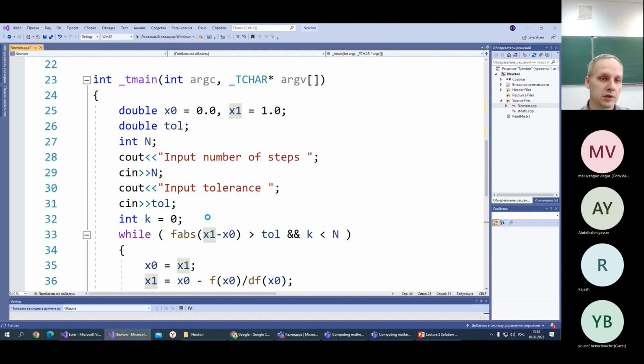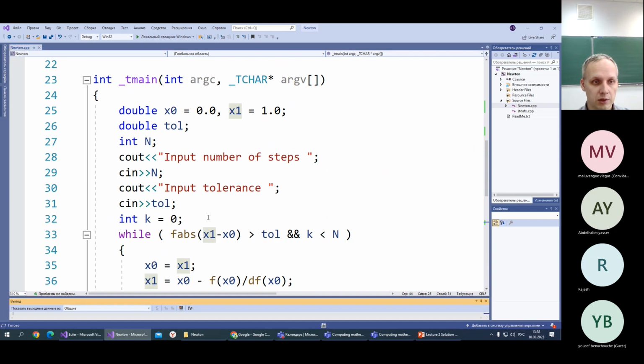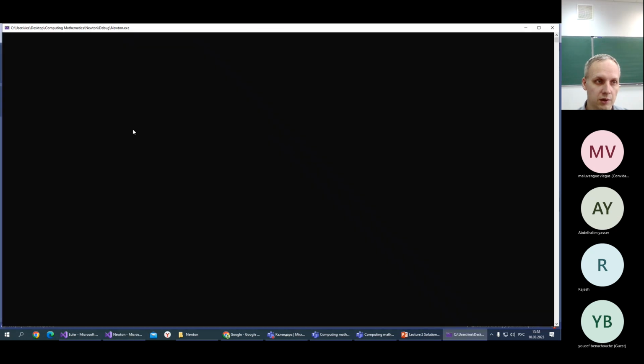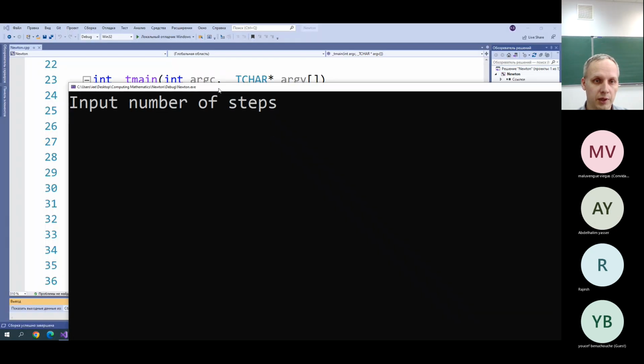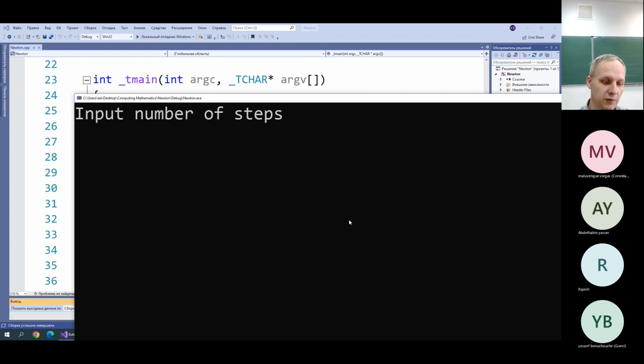Let's run this method. First, we should input the number of steps. Wait a second while the program is compiling. Number of steps, for example, 10.